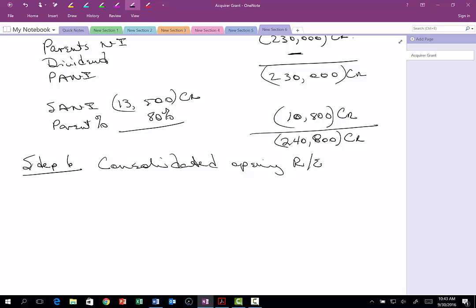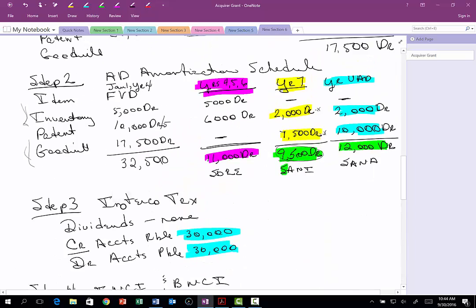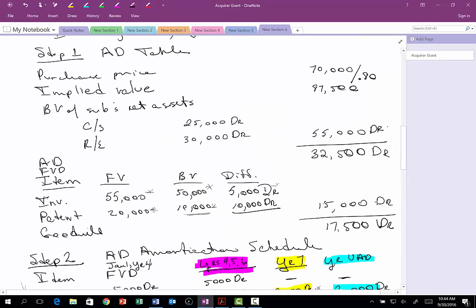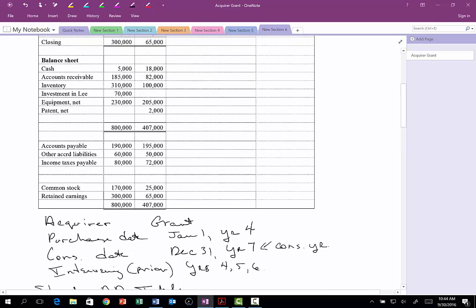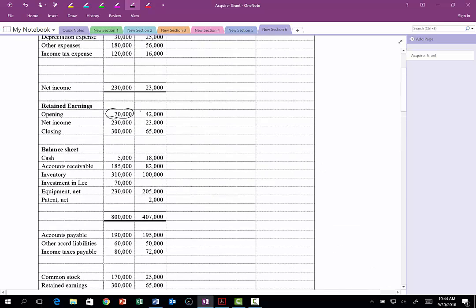All right, so it is going to include the retained earnings of the parent, which is Grant in this case. So Grant's retained earnings, and if you look at the balance sheet on page 307, you can use that, or you can always use your worksheet. There's their opening retained earnings for the parent.